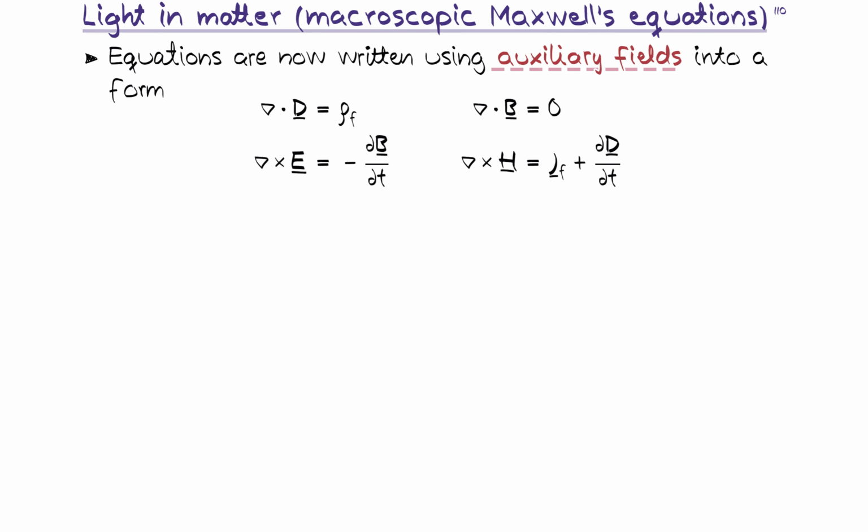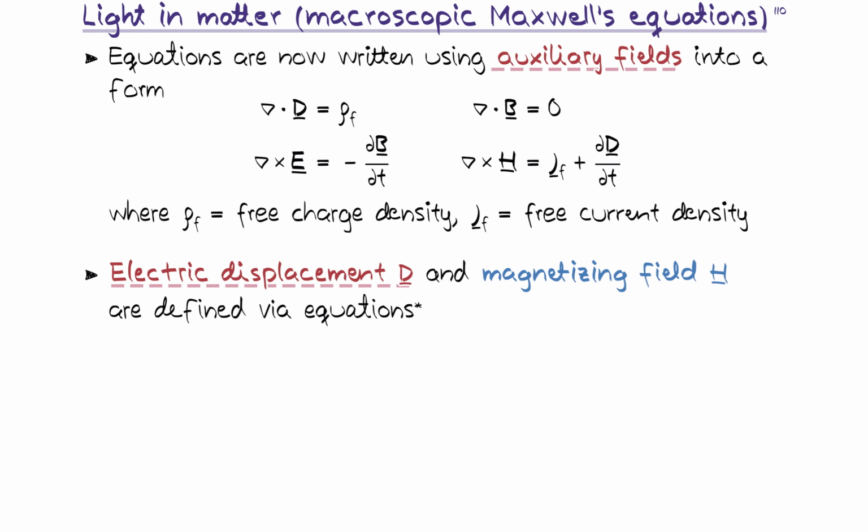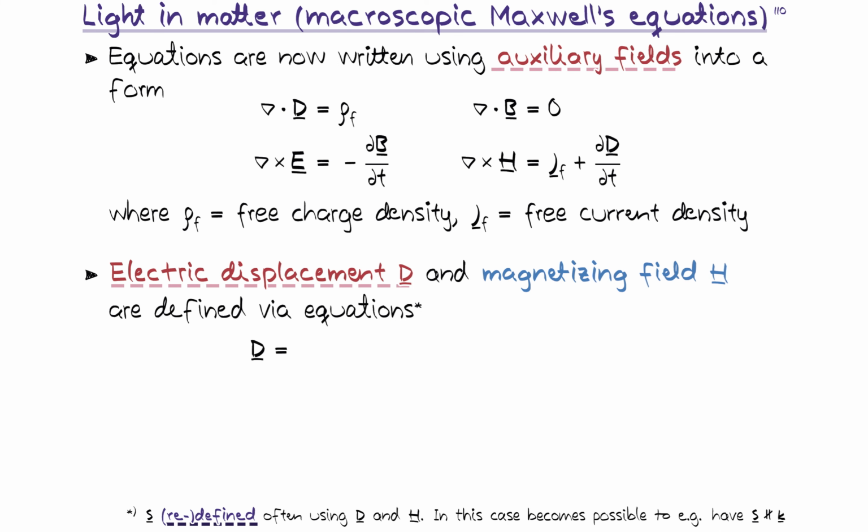So these are the Maxwell's equations in bulk. So the macroscopic Maxwell's equations, and rho f is the free charge density, and JF is the free current density. And here we have introduced two new field quantities, namely the electric displacement D and the magnetizing field H, and they are defined via equations of D equals epsilon naught times E plus P. And here we also need to introduce a new kind of field quantity, the material polarization P, into the equations.